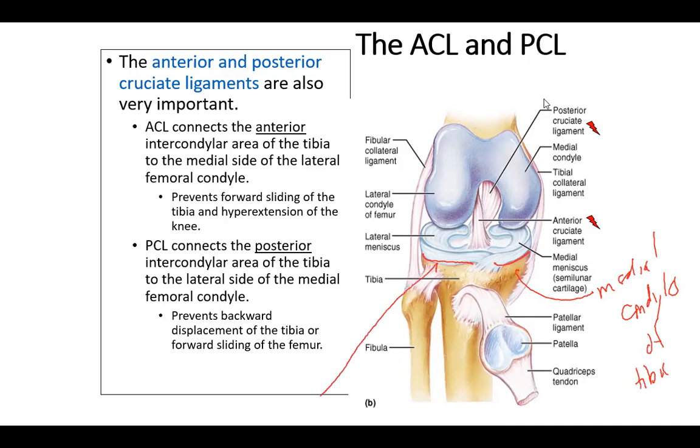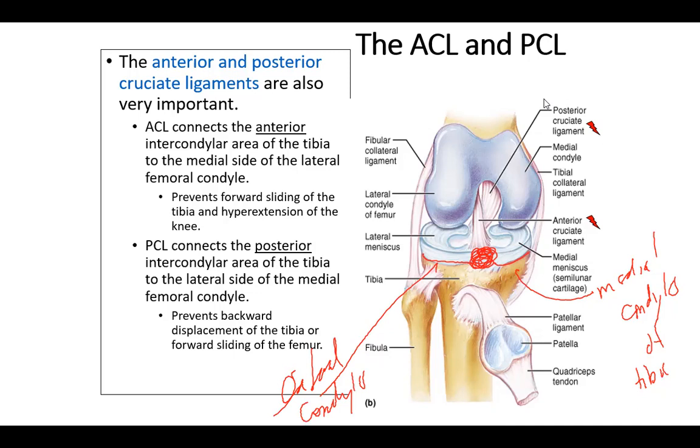This is the lateral condyle of the tibia. The space in between, the anterior intercondylar area, is this space, in the front of the tibia. But right here is where the anterior cruciate ligament attaches on the front of the tibia.